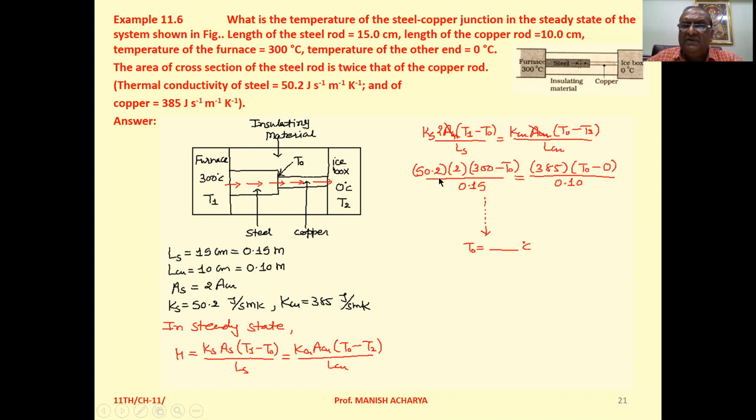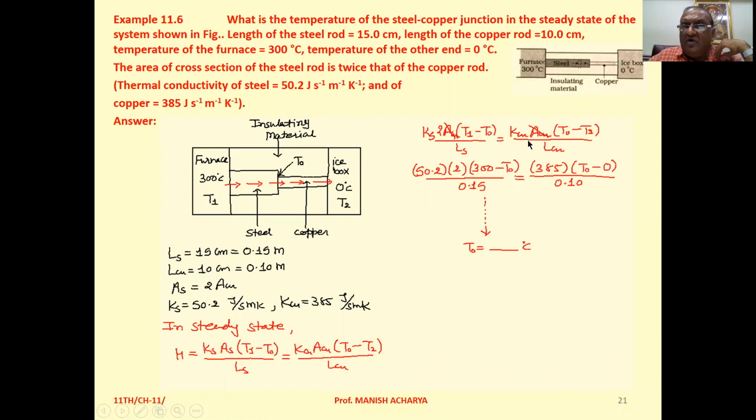K steel 50.2, the 2 as it is. Area of copper cancels from both sides. T1, that is the temperature of the furnace given to you, 300, minus T0, that is the temperature of the junction that we want to find, upon length of steel, that is 0.15.